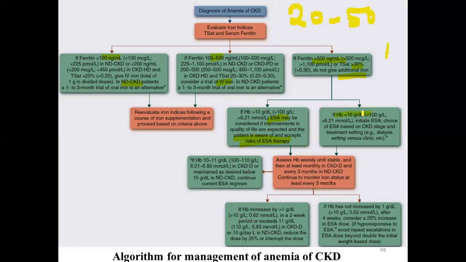Then if the hemoglobin level is less than 10 gram per deciliter, this is where erythropoietin stimulating therapy is usually recommended. After you administer the erythropoietin stimulating agent, you need to assess the hemoglobin level, which is very important, until the patient is stable.